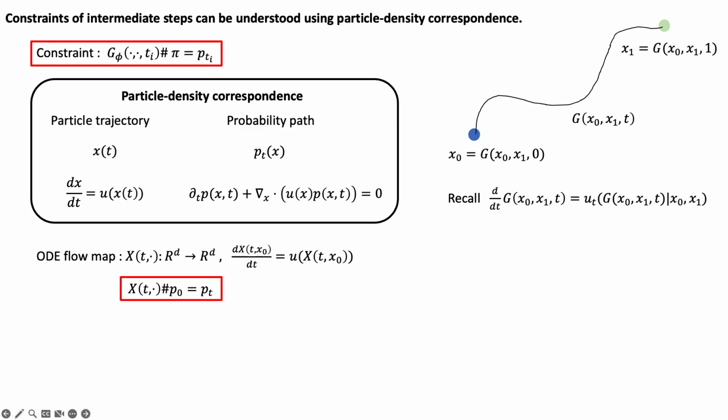Now let's recall the interpolant. Initially, if you put t equals 0, then you have x0, and t equals 1, then x1. And you recall that actually this is also a solution to this ODE. So some similarity.